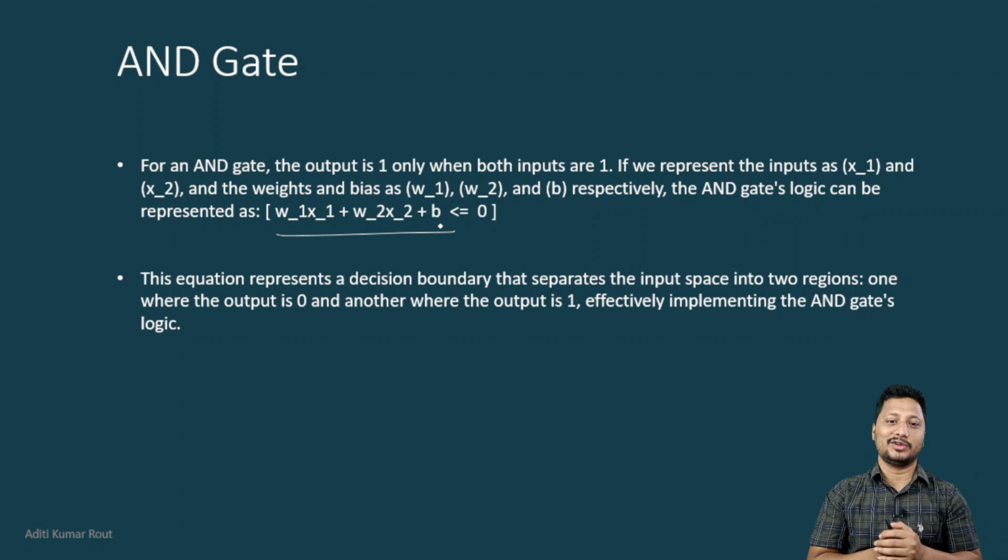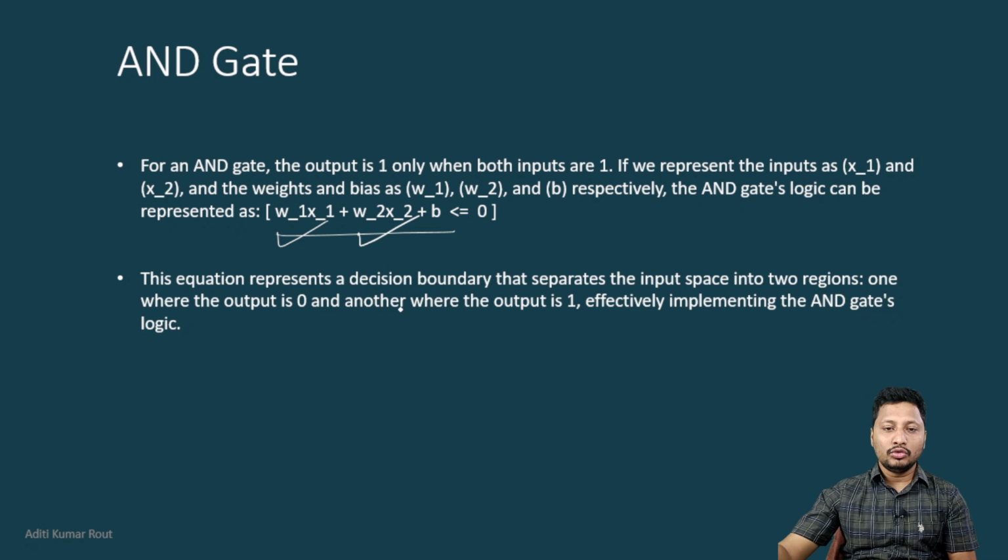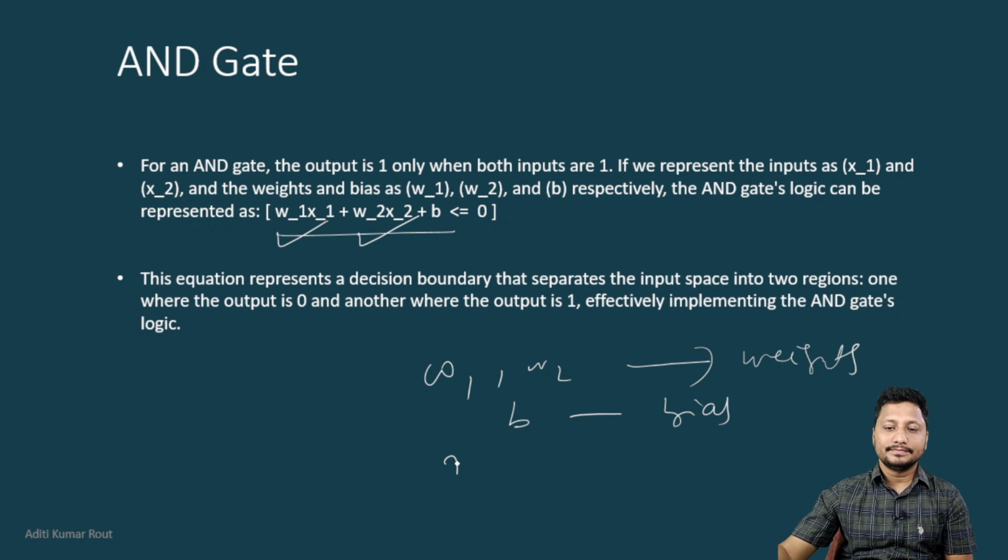Whatever input space we have for the AND gate, we can separate it using this particular decision boundary. Here w1, w2 are weights, b is the bias, and x1, x2 are the inputs.